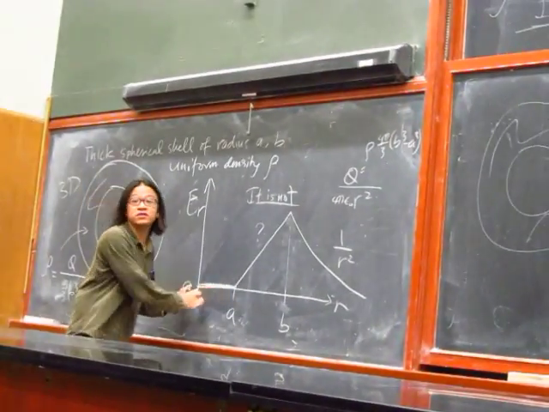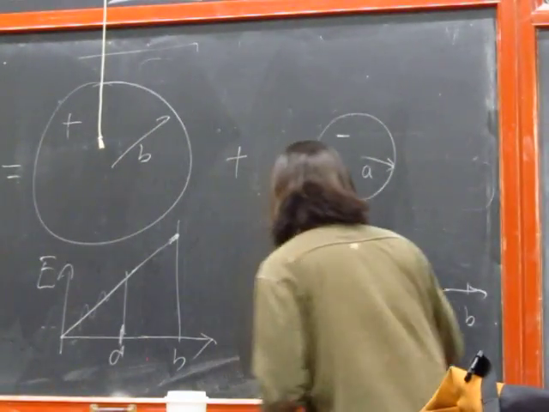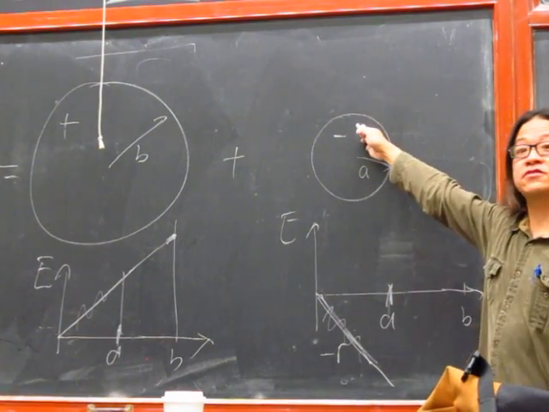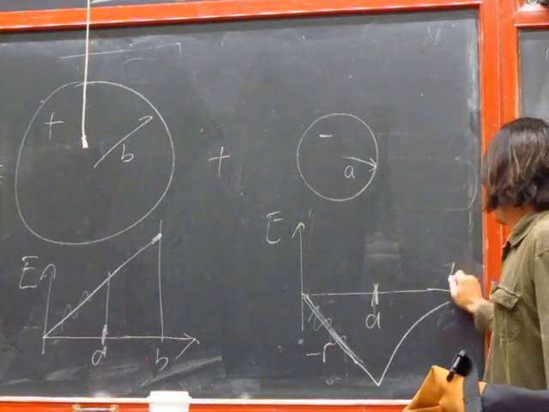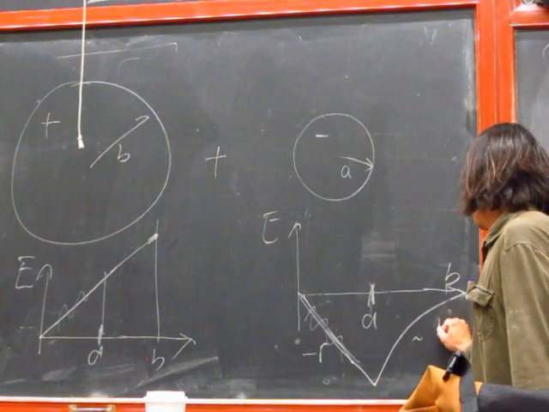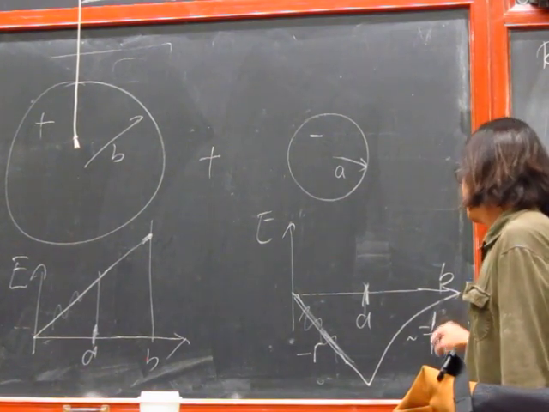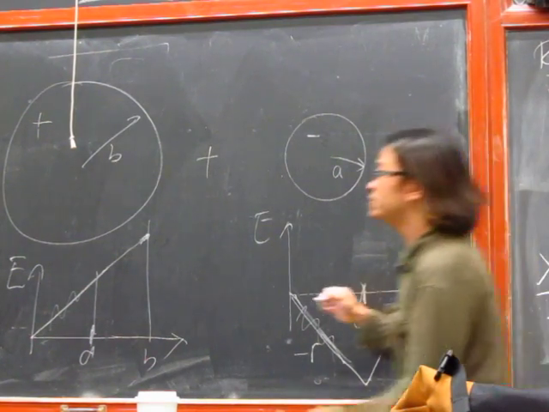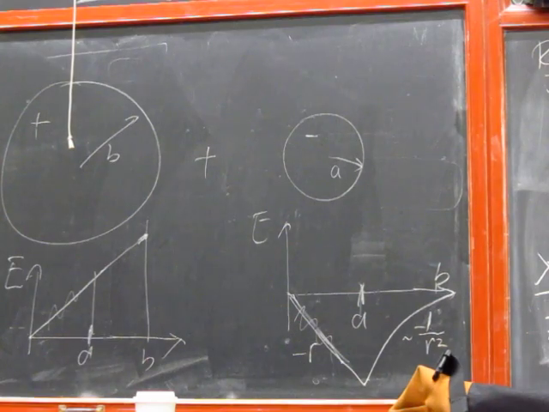From 0 to A it's 0. But over here, from A to B, it's already outside of this sphere, so this goes as 1 over R squared, minus 1 over R squared. So the contribution between A and B has two components.